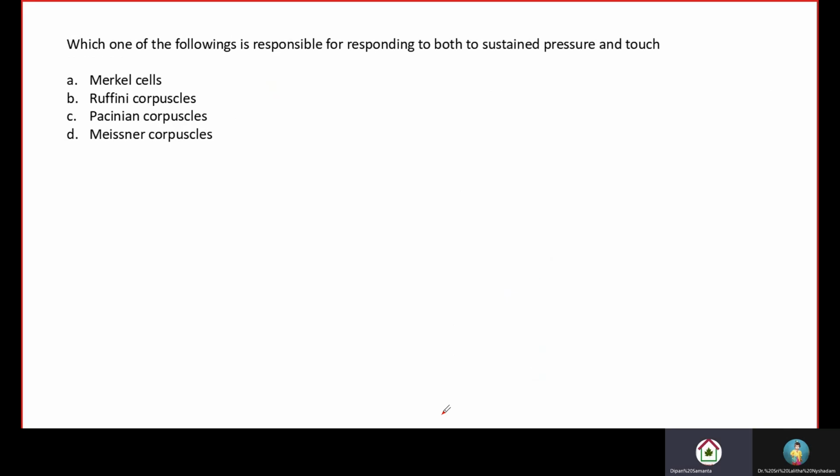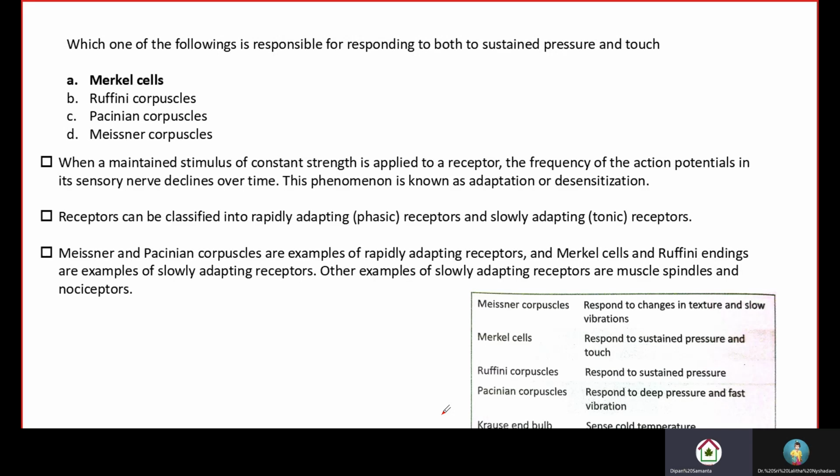Which one of the following is responsible for responding to both sustained pressure and touch? Merkel cells, Ruffini corpuscle, Pacinian, and Meissner corpuscles. Merkel cells are responsible for responding to both sustained pressure and touch.